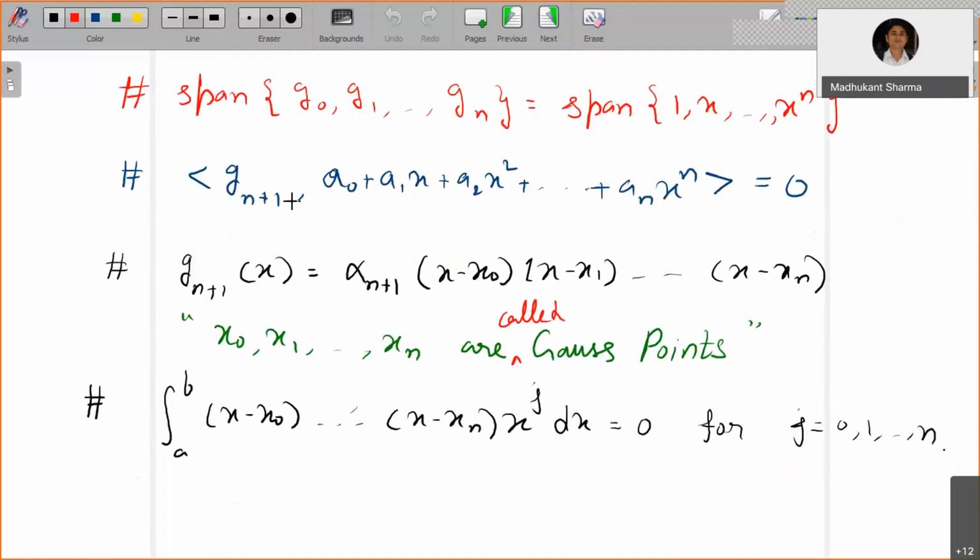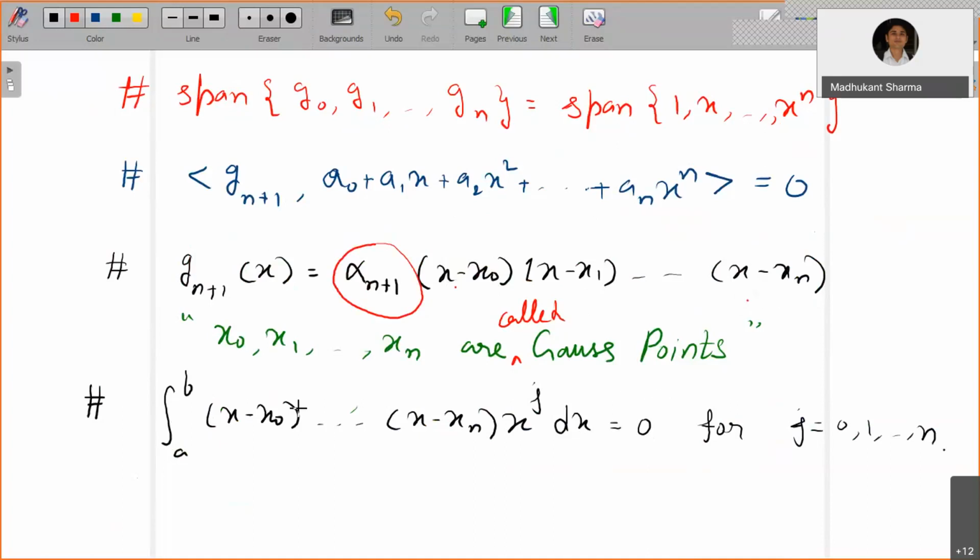So let's say they are x0, x1, x2, up to xn. So you can factorize Gn plus 1 as follows. Alpha n plus 1 is some constant, and these are the factors. So x0, x1, x2, up to xn are called Gauss points.